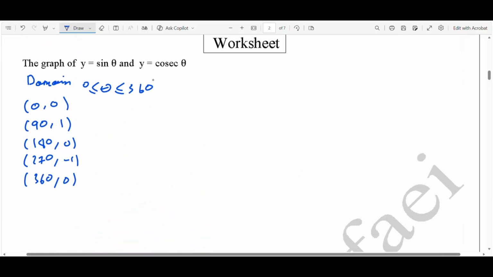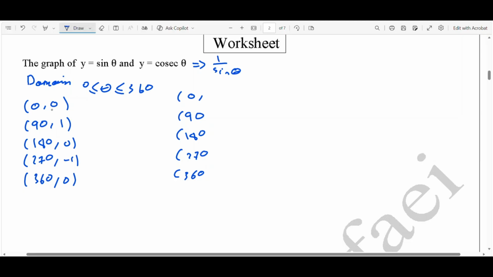Let's move to the cosecant. What is cosecant? It is 1 over sine theta. So I'm going to use the same angle sizes, 0, 90, 180, 270, and 360. As you know, sine 0 is 0, but I have to flip it in order to get cosecant.